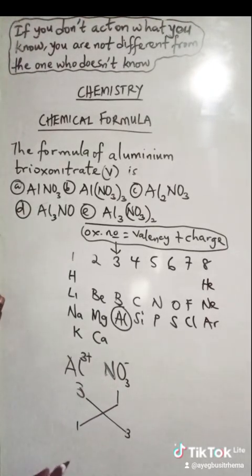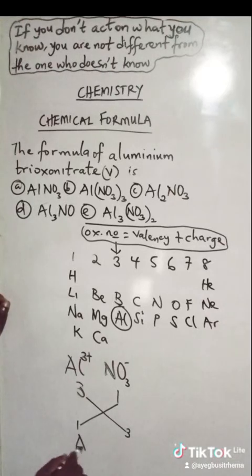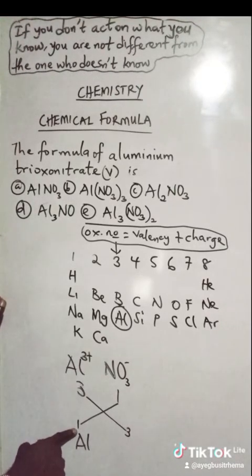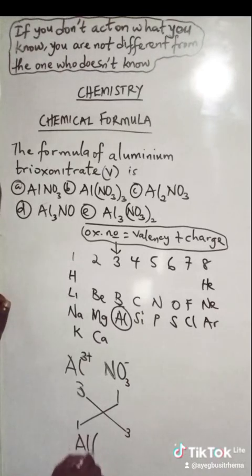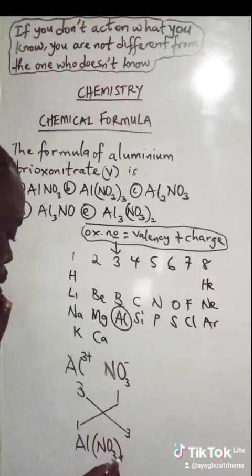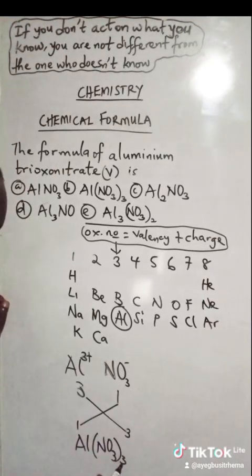So eventually, we are going to have aluminium, since it's having only 1 now, it remains like that. You don't need to write the 1. While this is NO3 in brackets, 3. This 3 is different from this 3. Why are we putting it in brackets?